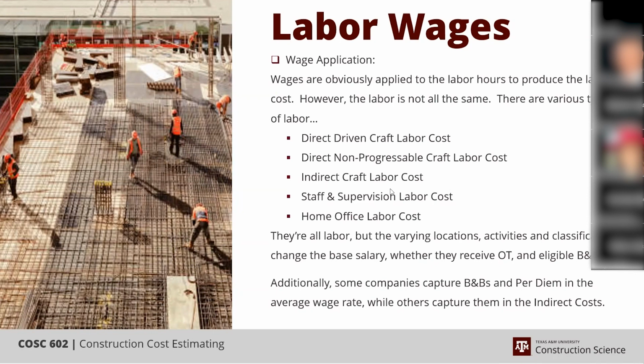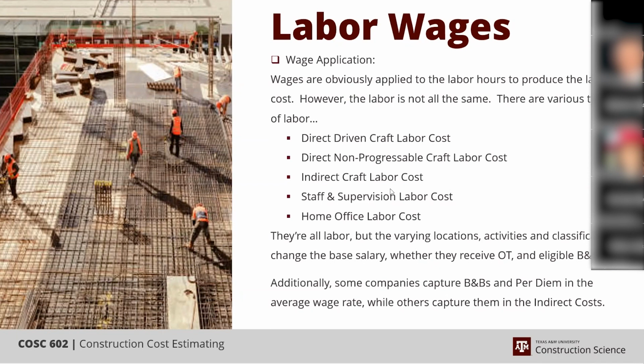And then, of course, staff, but they're all hourly. You move to the staff and supervision. Now you're moving to primarily salaried individuals that are working inside, and since they're salaried, they have a different burden benefit structure. And then you move to the home office; they're primarily salaried personnel also, but the staff, supervision, and home office personnel, they're not quantity driven hours.